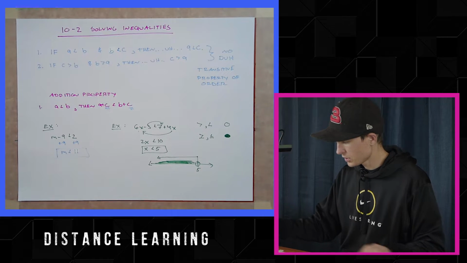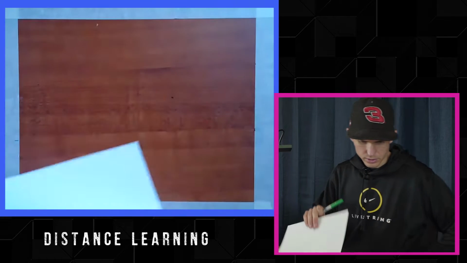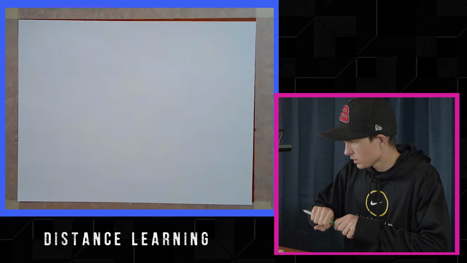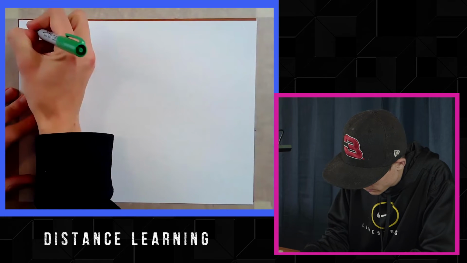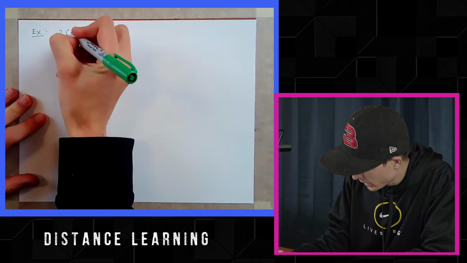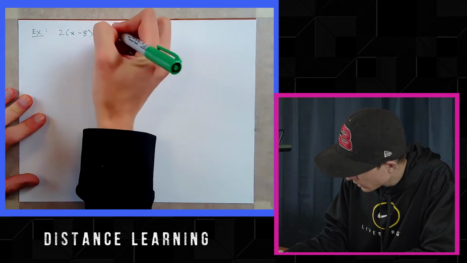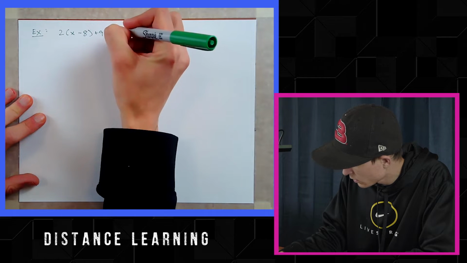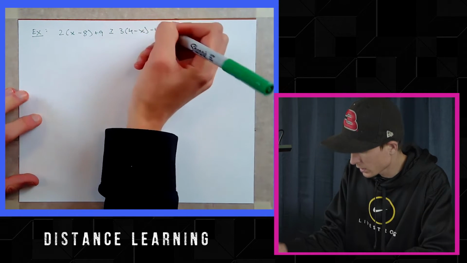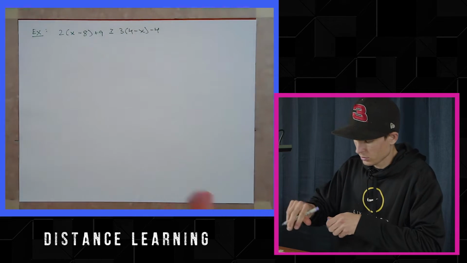You might have to do some distributing. Example again. 2, I'm going to write x because I don't feel like writing w. Greater than or equal to 3, 4 minus x minus 4. They gave you that to start with. You might need to distribute.